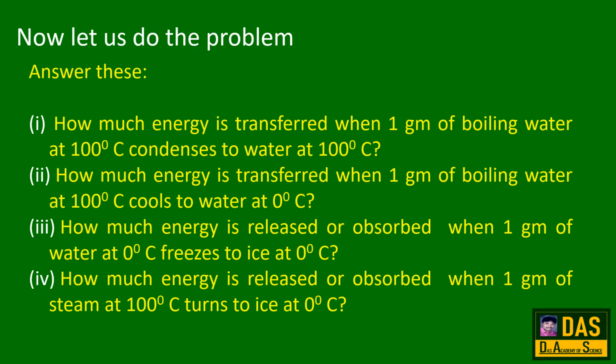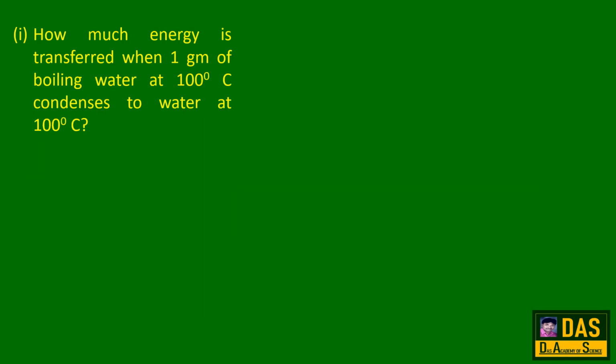How much energy is released or absorbed when 1 gram of water at 0 degrees Celsius freezes to ice at 0 degrees Celsius? Fourth one. How much energy is released or absorbed when 1 gram of steam at 100 degrees Celsius turns to ice at 0 degrees Celsius? Let us do the first problem.